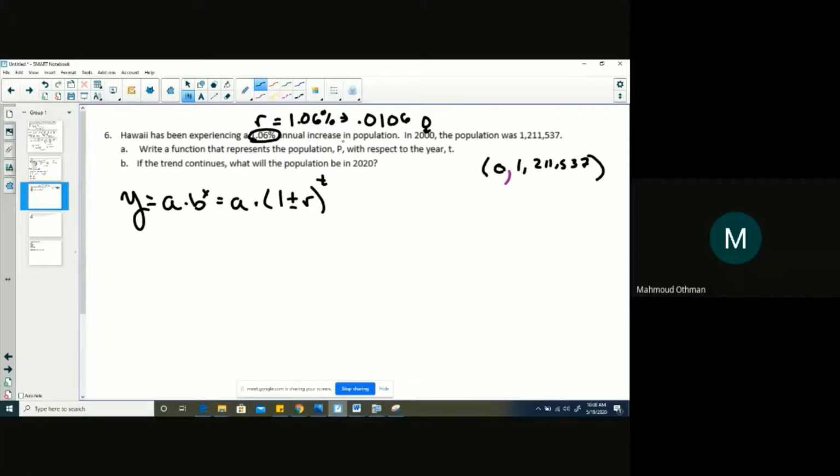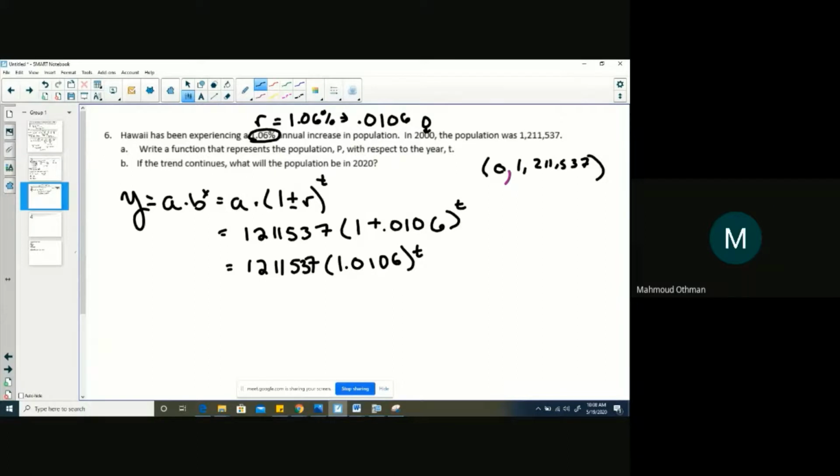And since it's an increase, it's going to be growth, which is going to equal 1,211,537 times 1 plus 0.0106 to the t, which equals 1,211,537 times 1.0106 to the t, and that's my function.